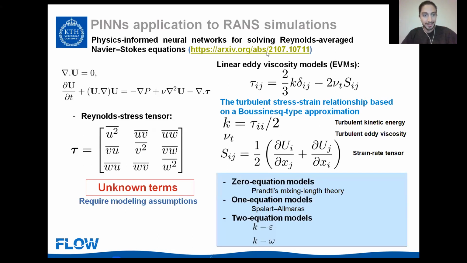So basically, for solving these equations, we need some modeling assumptions to describe the Reynolds stress terms. So in this framework, these are the unknown terms in our physics, and we don't have governing equations describing these physics.